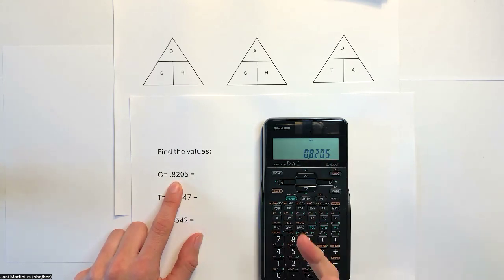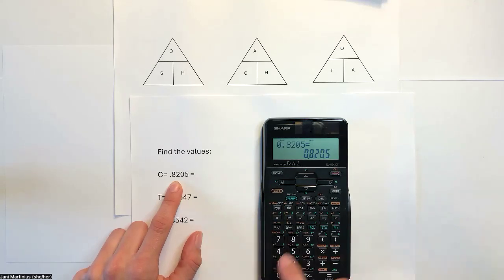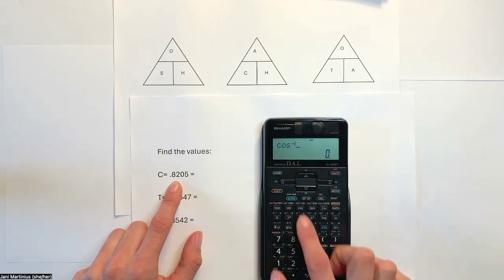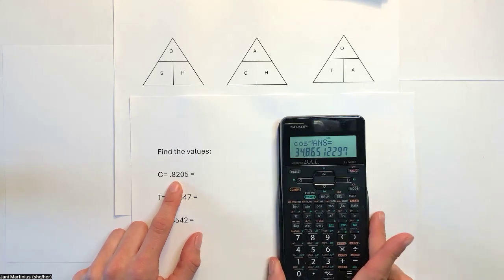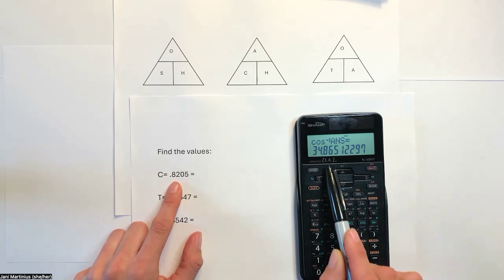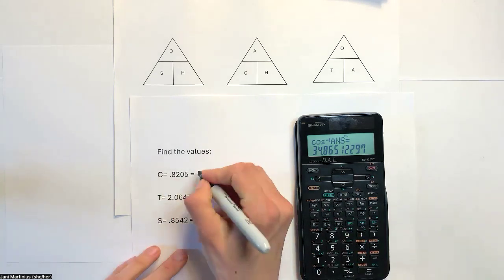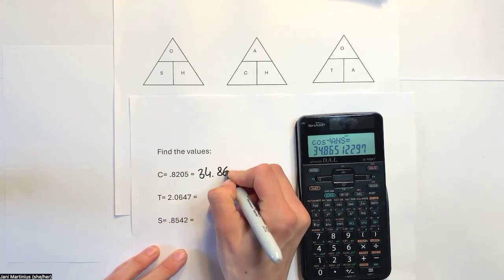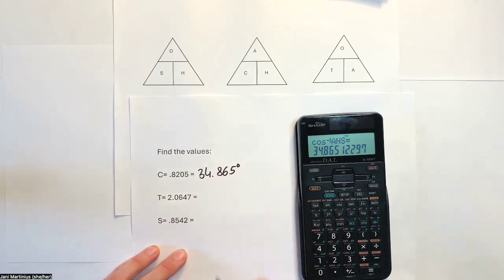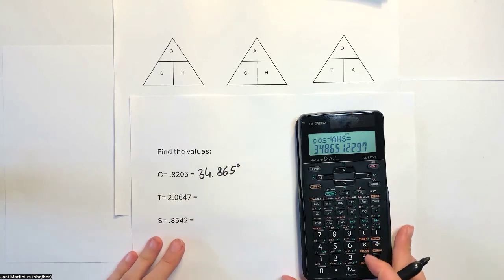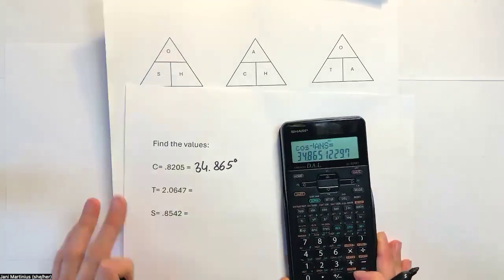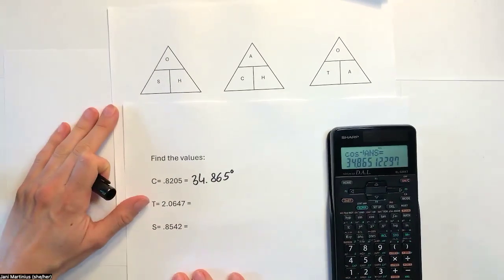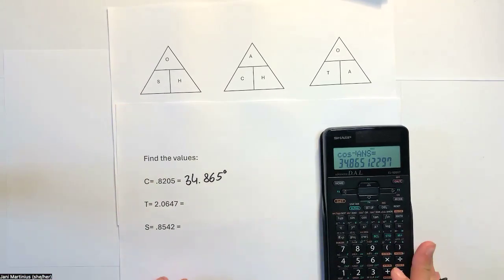It's really easy just to mix them up. I need to press the enter button and then second function and the cosine button for this one in particular. That then gives me an answer: 34.865 degrees.